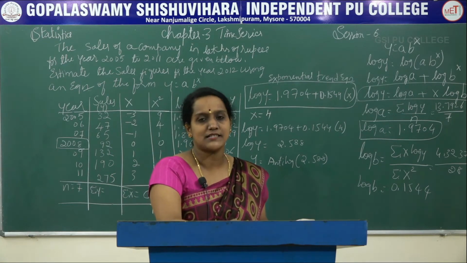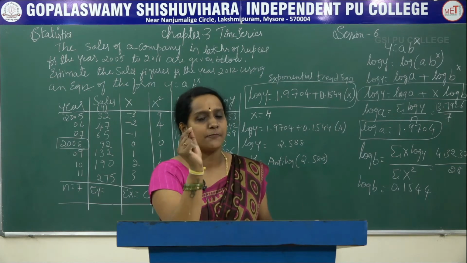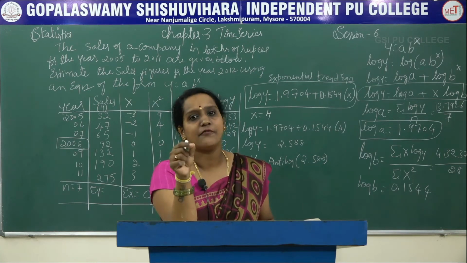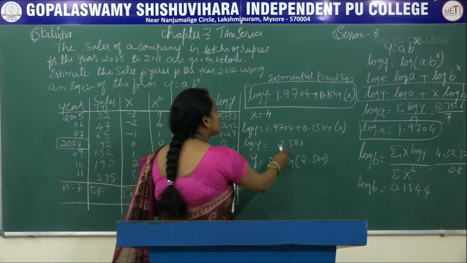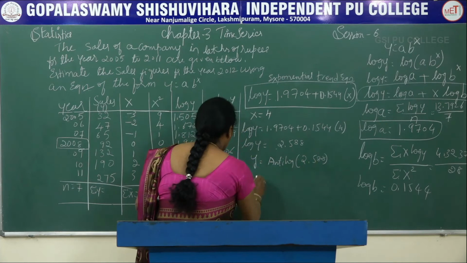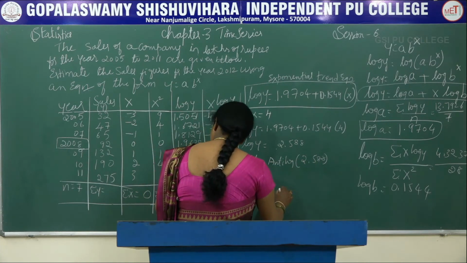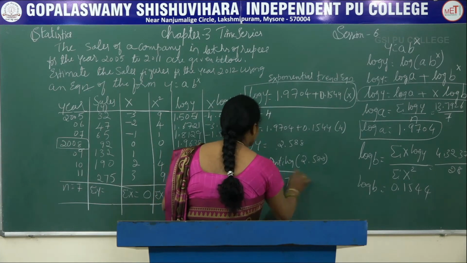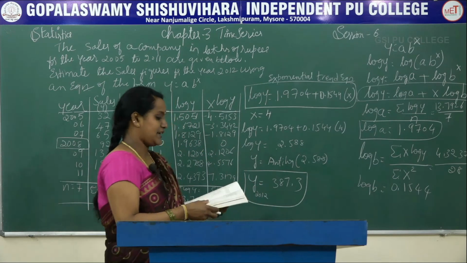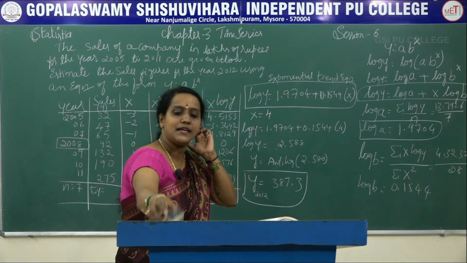In some calculators it is directly available. In some scientific calculators you have to press shift first, then press log. After that you type this number so that you will get the anti-log, and your y for 2012 sales is 387.3.